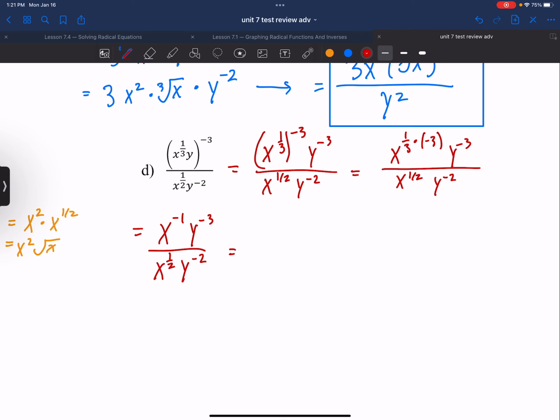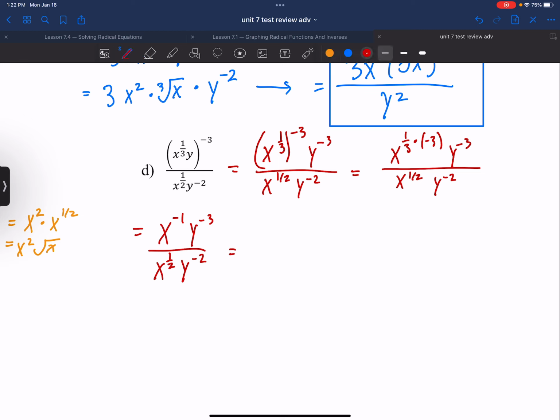Now, you could just subtract the exponents from here, and that would be fine. I kind of like to just flip them when I can. That's just a me thing. What you could do is say x to the -1 minus 1/2 and y to the -3 minus 2. Careful, okay, because it's not minus 2, it's minus -2, which is plus 2. That's kind of why I like to avoid that.